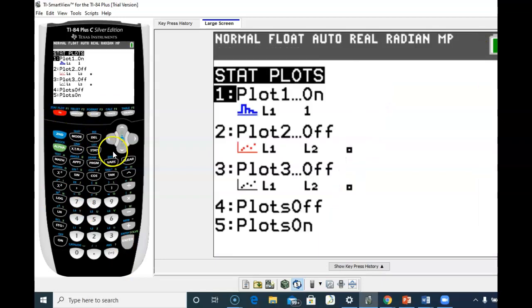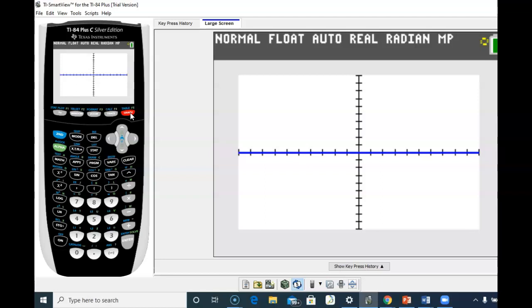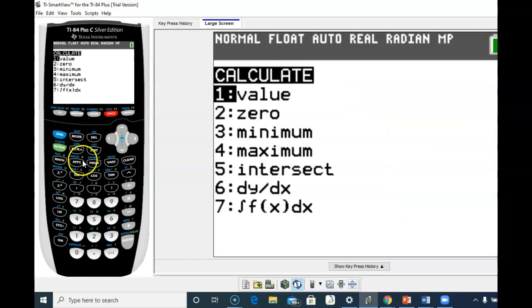Okay, our last example for the day is going to be this one, that is 3 plus x plus x squared minus x to the third. Okay, so I want to graph this one. So we've got a minimum here. So we're going to do second calculate minimum.